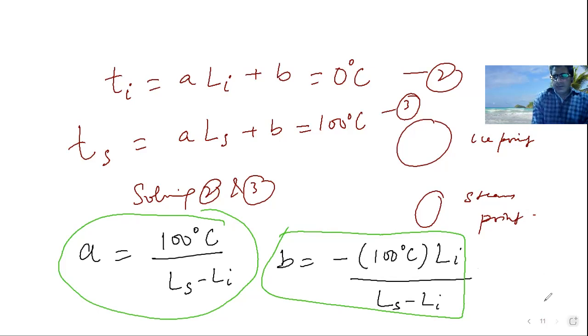Then using the equation T is equal to AL plus B, I can find the temperature of any system. For example, I have some system. I bring my thermometer in thermal contact with it, note the length, and put it here.